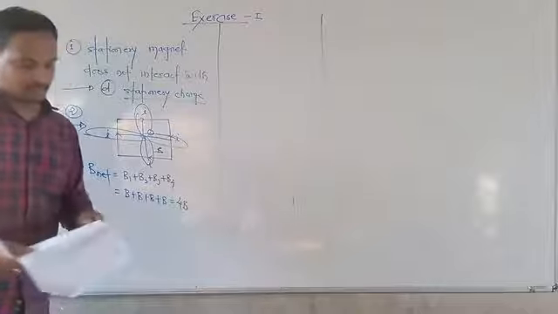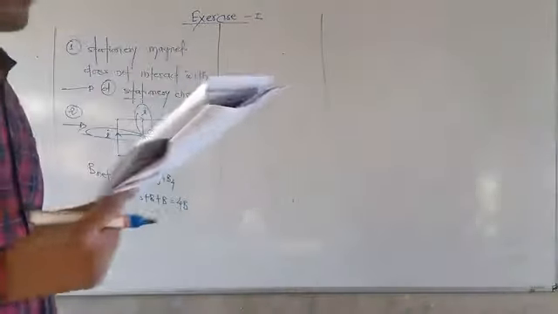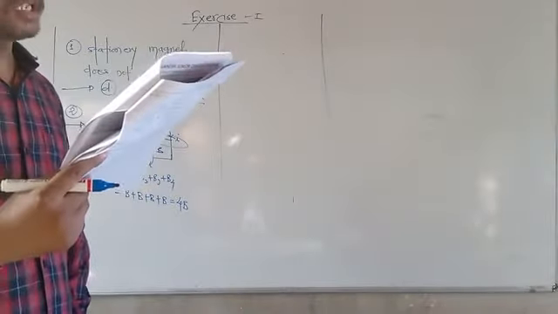Then, number three, a wire is parallel to one arm of a square current carrying loop, which also carries current.